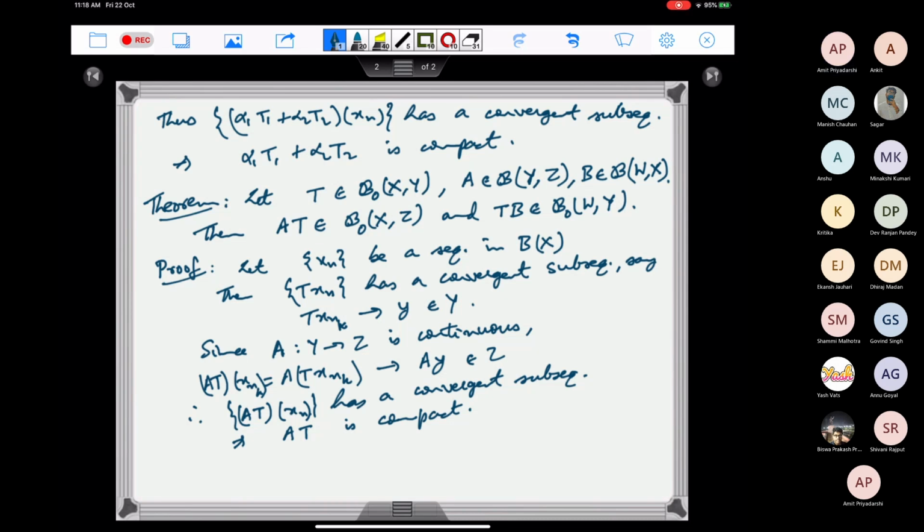So if we take any sequence, any bounded sequence in W, then we have to show that TB of that will have a convergent subsequence.